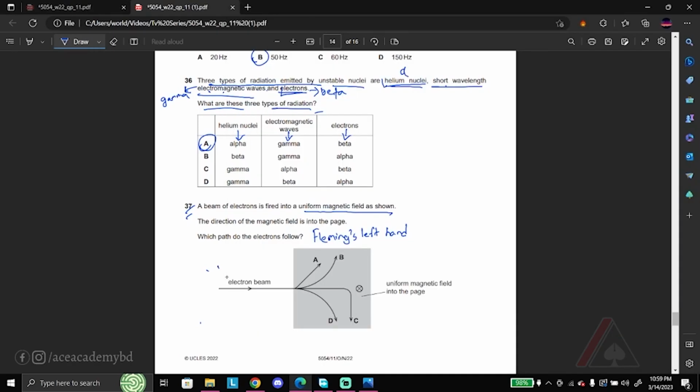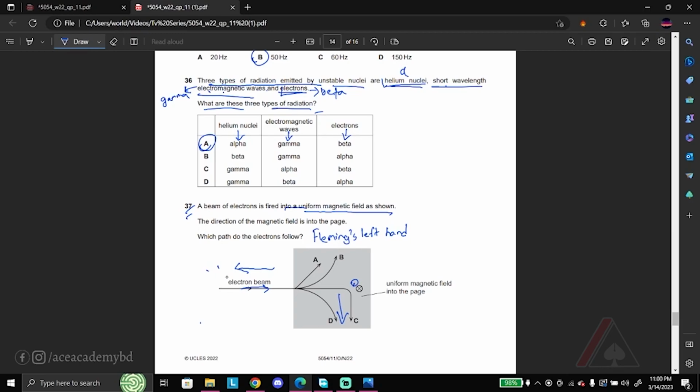The thing we have to be careful about is that the particle being fired is an electron, so it is the opposite of conventional current. If the electron is moving to the right, then the conventional current would be in the opposite direction, pointing this way. So if we now rotate our hand likewise, then the force will be downwards. Our thumb will be pointing downwards as the magnetic field is into the page.